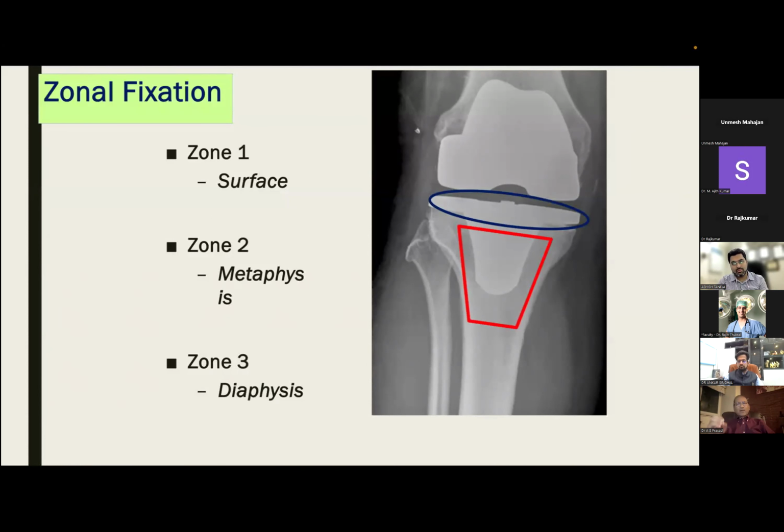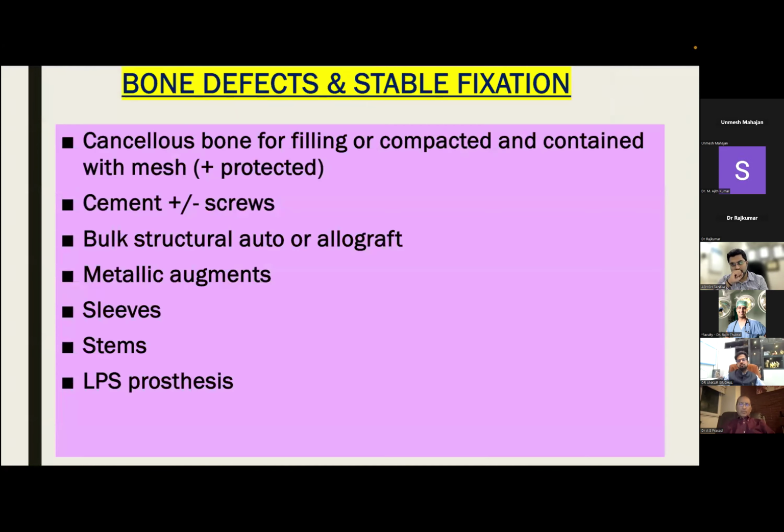So we have to have this good surface, and then you can keep the implant on the surface. In the metaphysis, there has to be some mechanism where the implant can be fixed to the metaphysis. And the third is diaphysis, where a stem is there. To have an adequate fixation, we need to have minimum 2 solid zone fixation in an implant. And this concept is working very well everywhere, and we all follow it now.